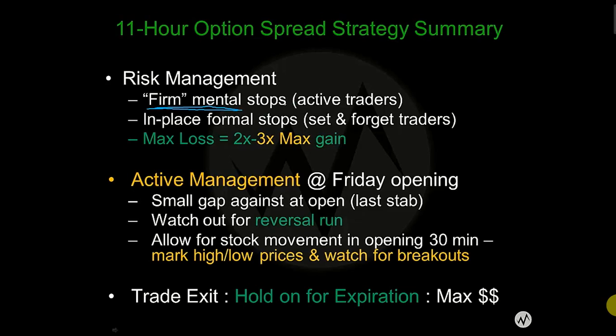If you're what I call a set it and forget it trader, because that is one aspect of this strategy you can do, you better put the formal stops in as soon as you put the trade on and you get filled. The max loss that I'm willing to take on these credit spreads is 2 to 3 times the maximum gain. I'll get into that a little bit later, but 2 to 3 times the maximum gain.